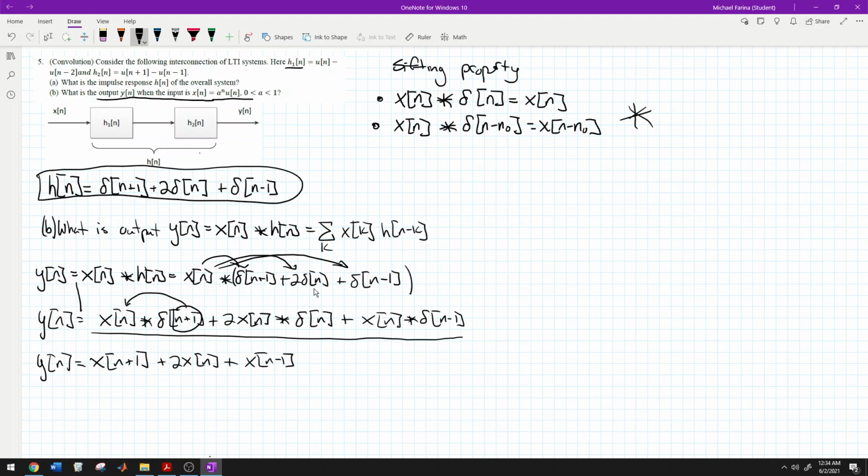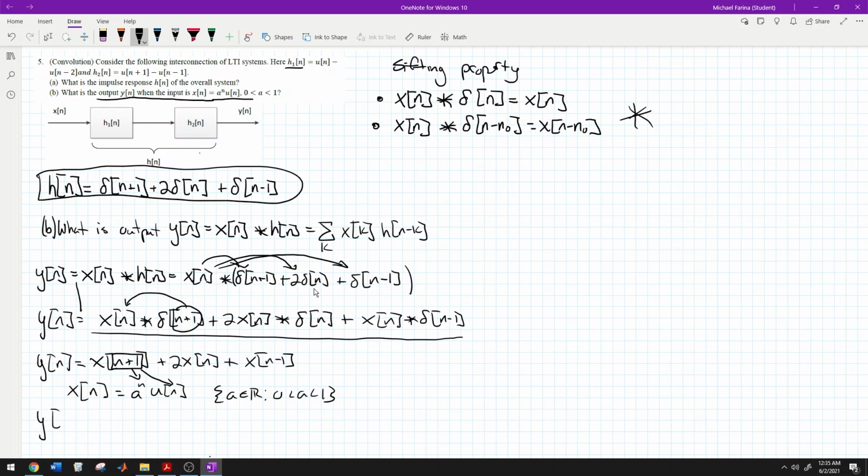Now, recall that x of n is equal to a to the n u of n, with a real, 0 less than a less than 1. Now we can change out these x of n. We're going to take what's in here and put it here, and here.